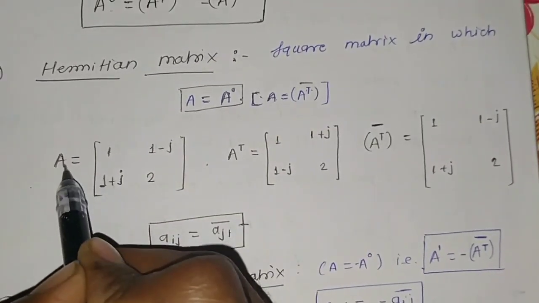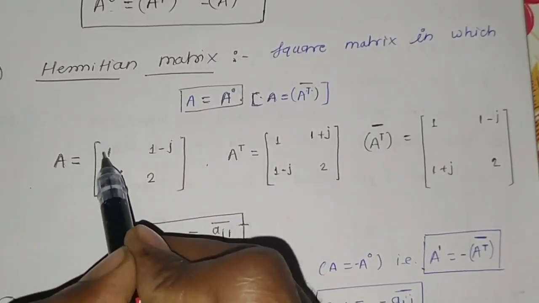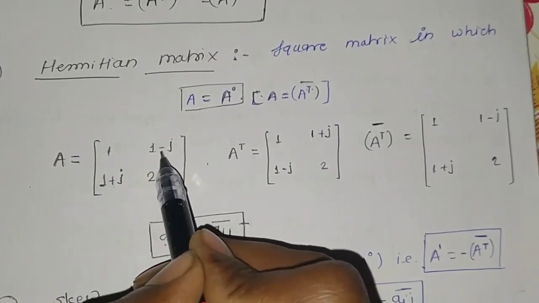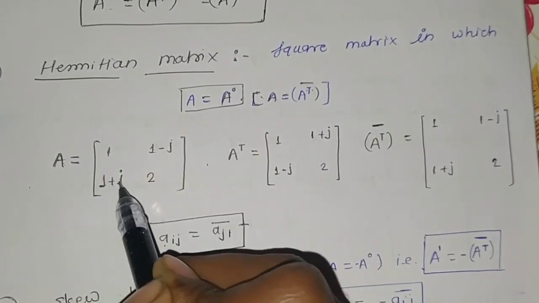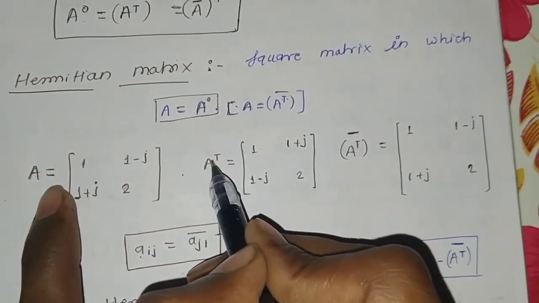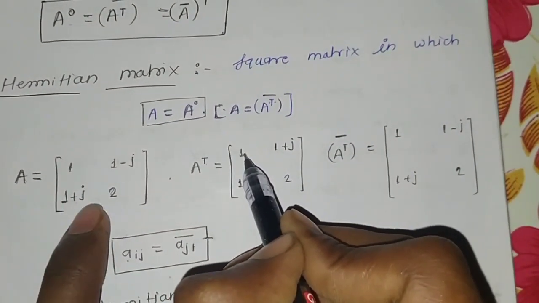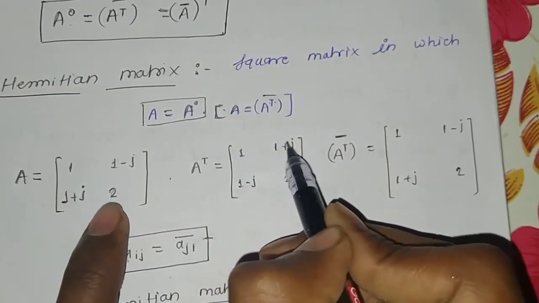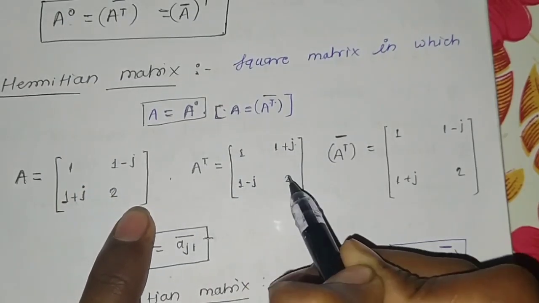Okay, so let us take this one. A is equal to 1 minus j, 1 plus j, and 2. You have to take the transpose of this matrix A. So directly it is converted to 1 plus j, 1 minus j, 2.